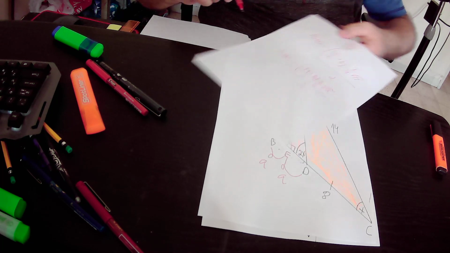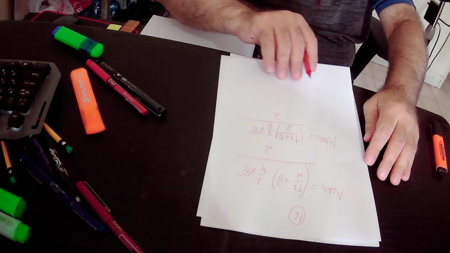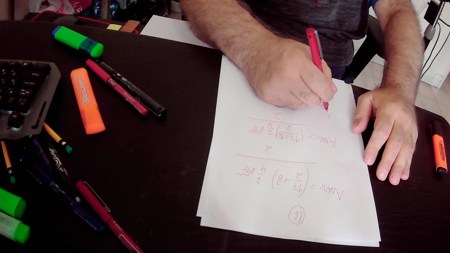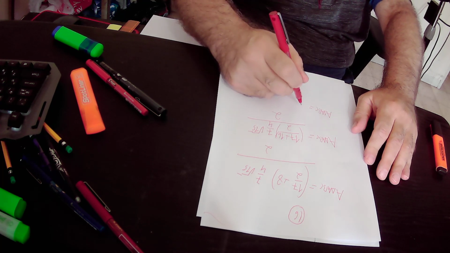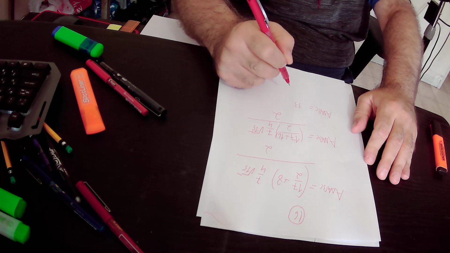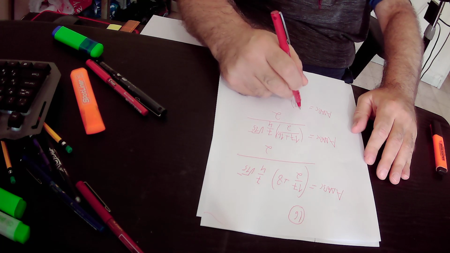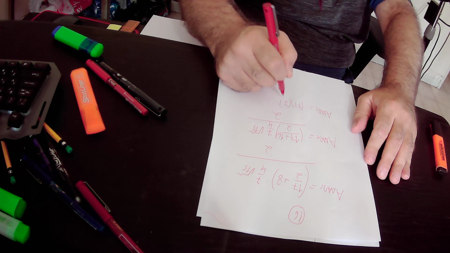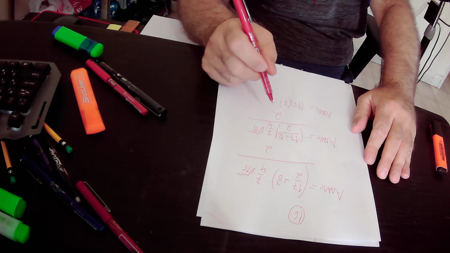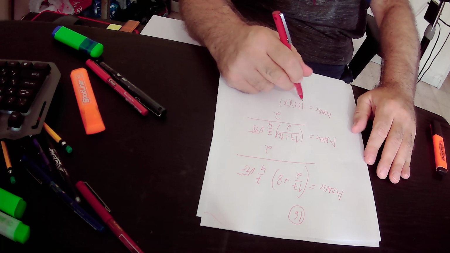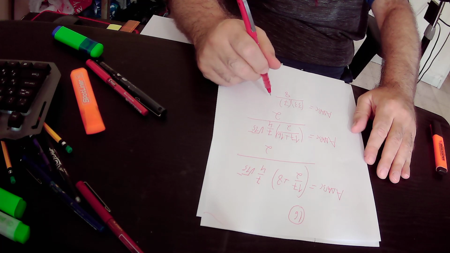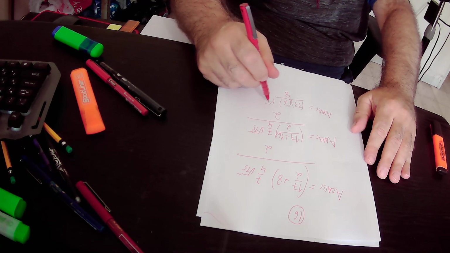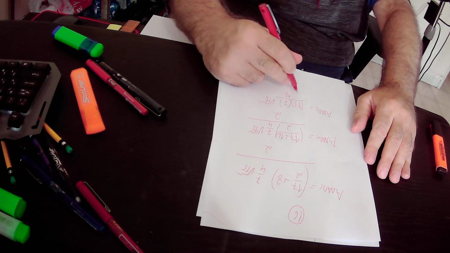So I'll write it down. The area of triangle ABC will be equal to 33 times 7, and 2 times 4 is 8, times root 15 over 2.